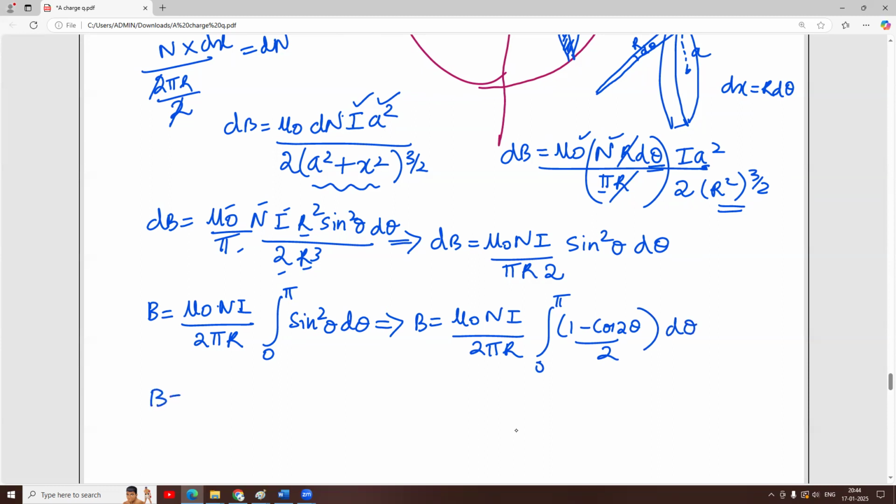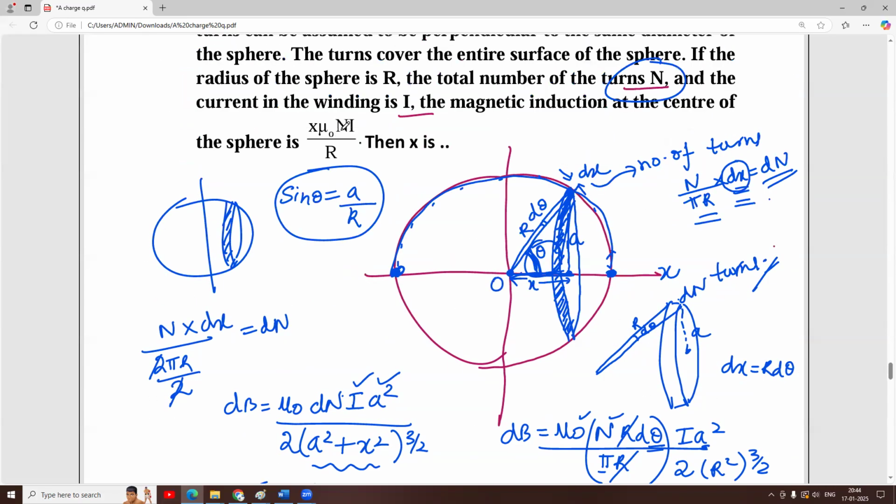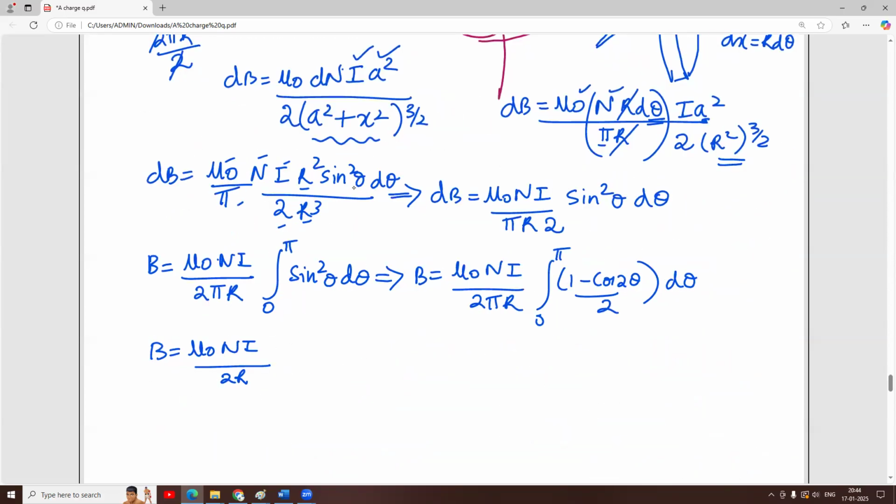So B is equal to mu naught N I by 2 r. Finally, you have to express it as mu naught N I by r. This 2 can be taken outside. Then integration of 1 is theta, minus the integral of cos 2 theta, that is sine 2 theta by 2.